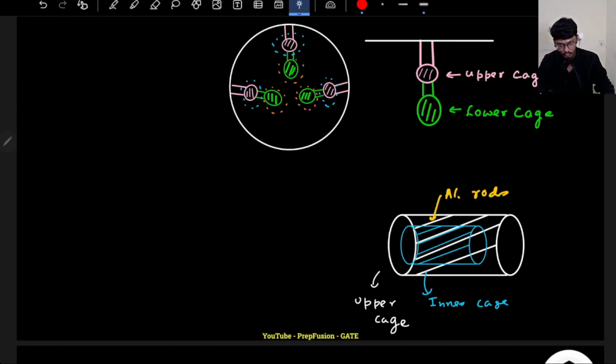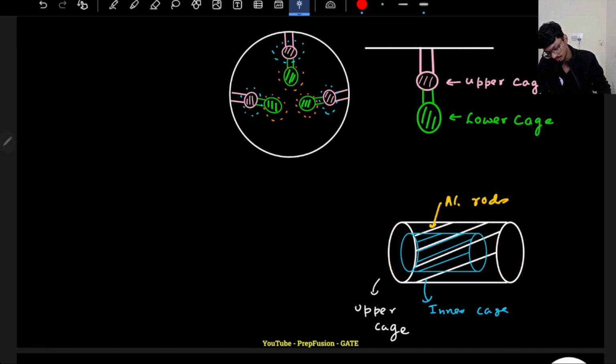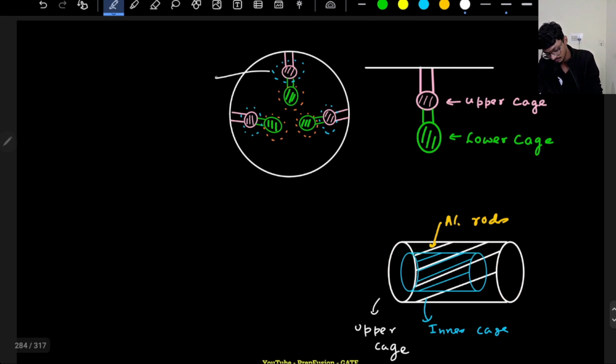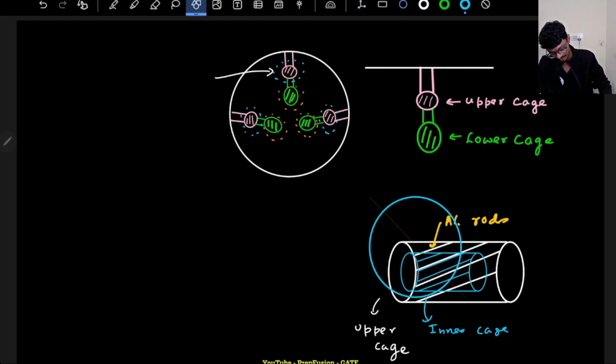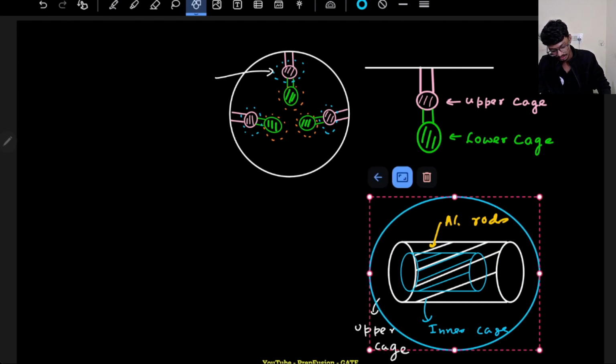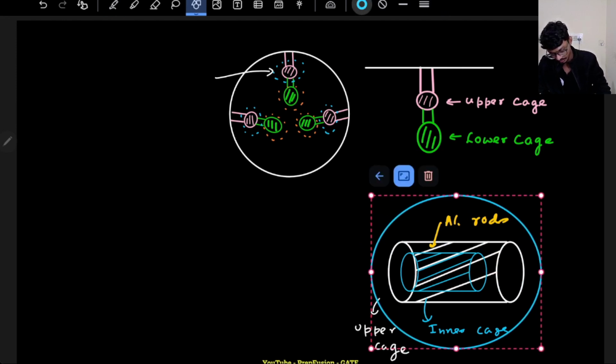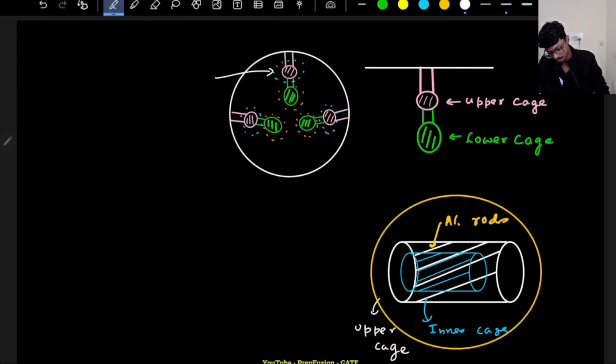Basically what I can say over here is that, again, due to skin effect, initially most of the current will flow through the outside. So the upper cage will be of high resistance, and most of the current will flow through the outside, because the stator will be somewhere outside.